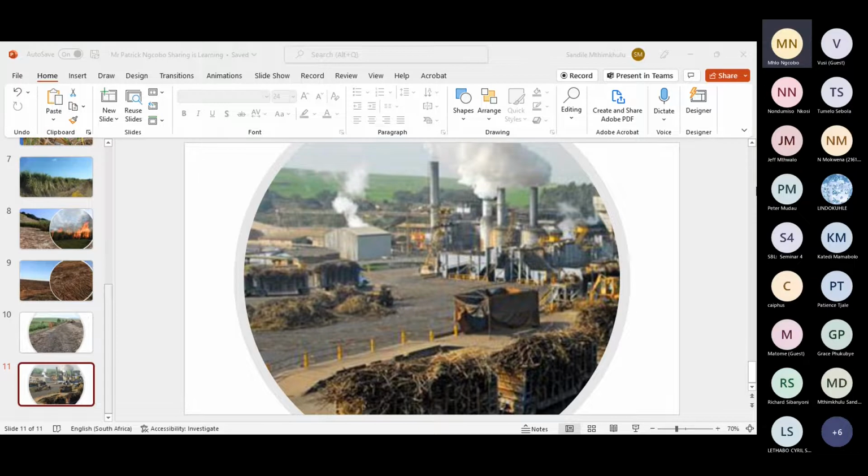But the sugar industry, if that scenario happens, is able to import sugar from neighboring countries like Swaziland, Mozambique, Zambia, even Zimbabwe, because sugarcane is grown there as well. We import it from those guys, and then we are able to supply sufficient sugar to the relevant markets.